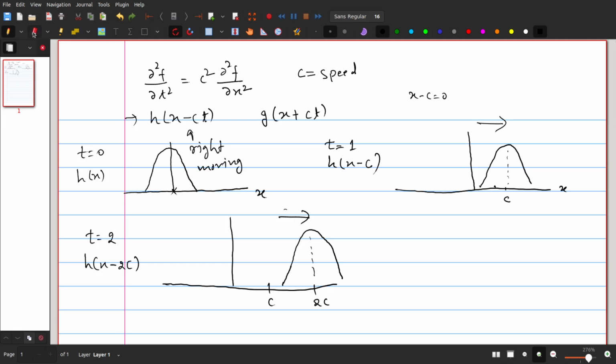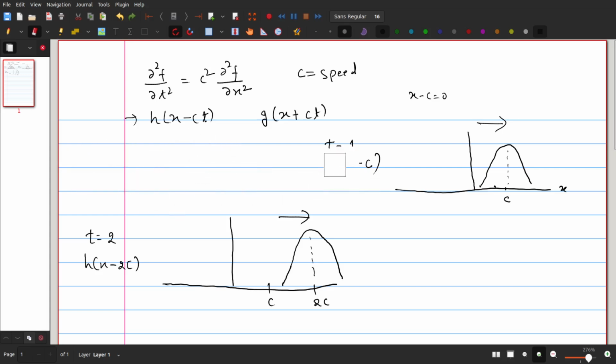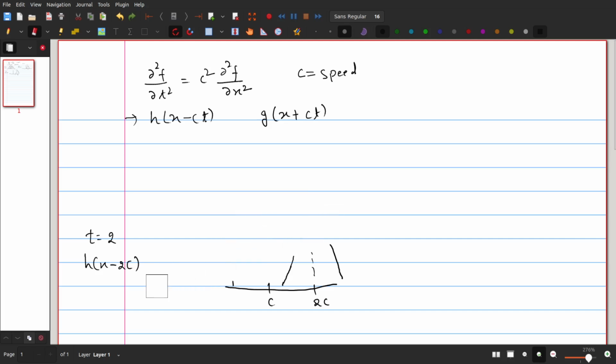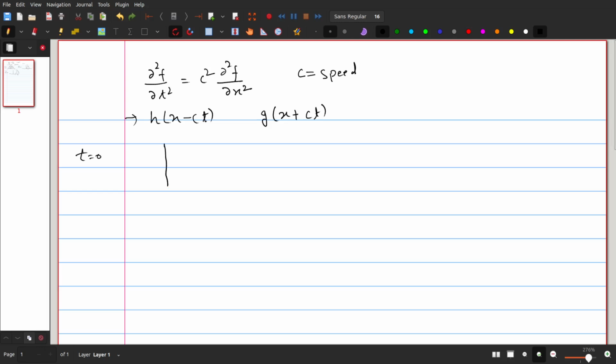Similarly, if we take the other solution, g(x + ct), then it's clear that it will be moving to the left. So suppose at t equal to 0, it is localized at 0, something like this.